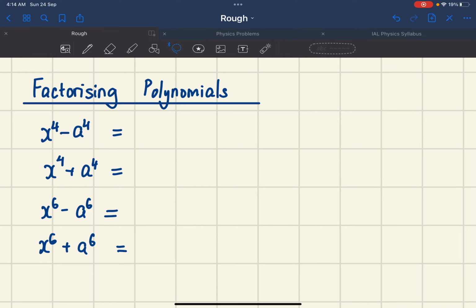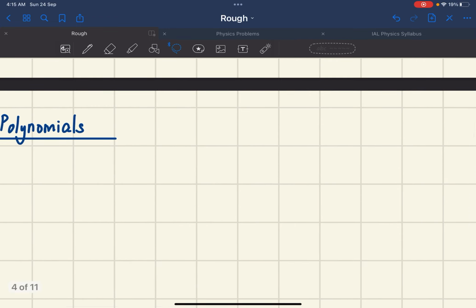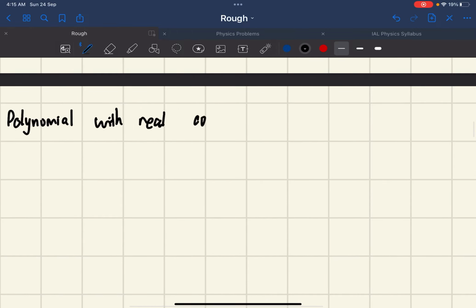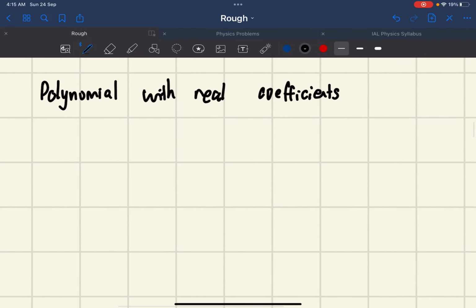So if you have a polynomial with real coefficients, intuitively it's just your normal x cubed, x squared, things like that.